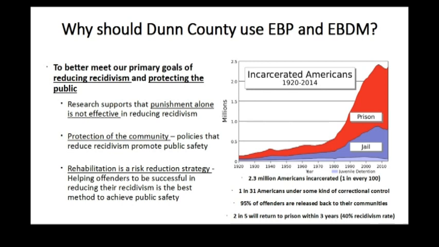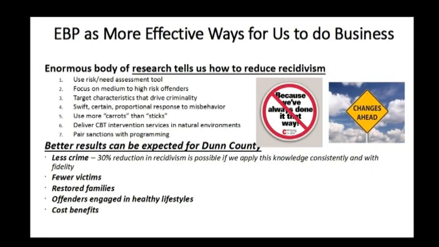This slide just shows an illustration of the explosion of the incarceration population in this country. We know that counties collectively spend about $70 billion a year on jails, and that's a lot of money for brick and mortar. So we're forced to think about things a little bit differently.